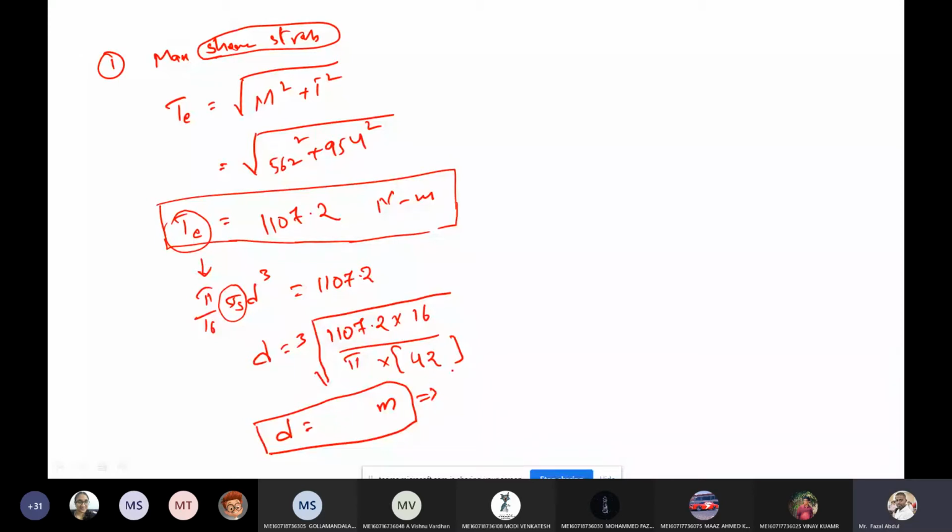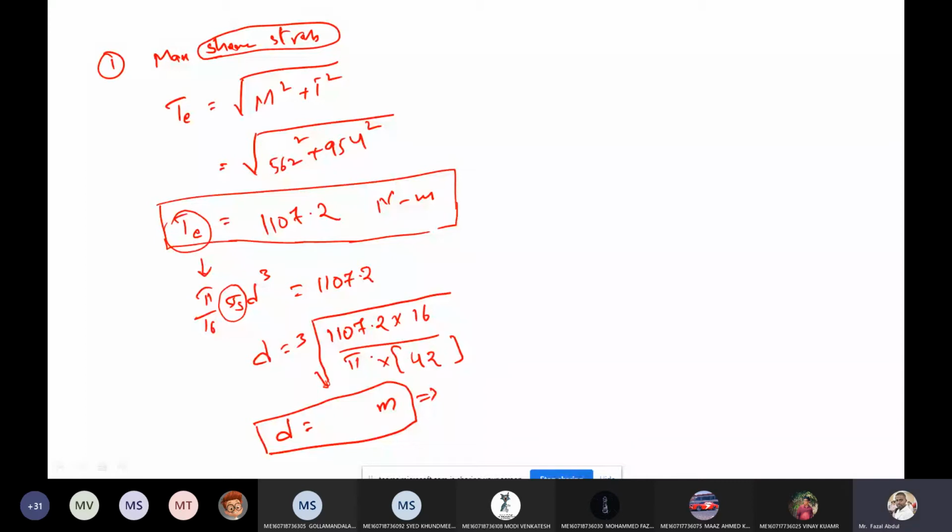34.76 meter, sir. You are doing something wrong. It is cube root of, not square root of, cube root of 1107.2 into 16 by pi into 42.